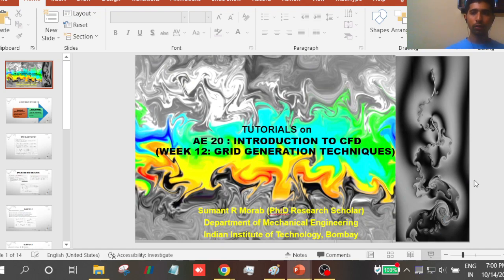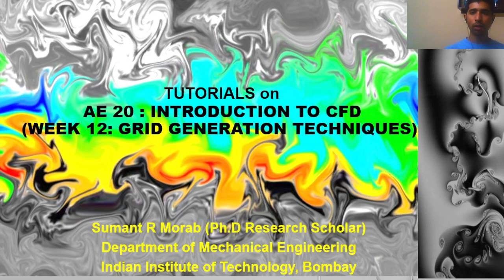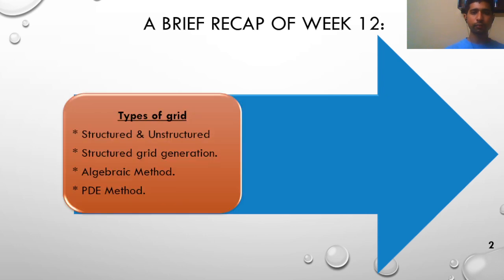So coming to this week's content, which you can see in the slides, this was mainly based on grid generation for computational fluid dynamics. First, we saw what the different types of grids are which can be generated, wherein we can solve the problem.